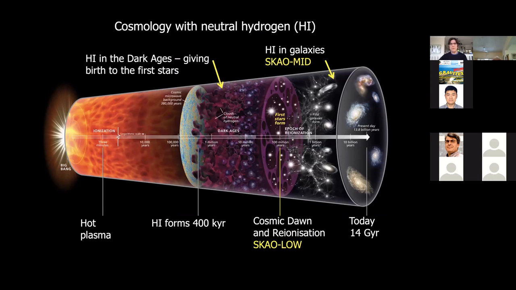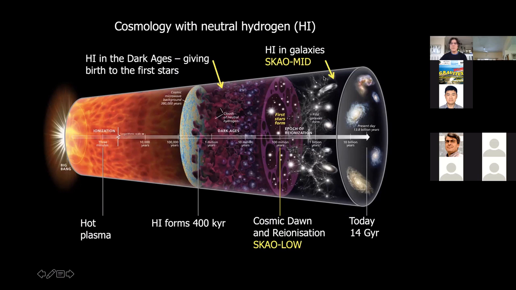The protons were able to combine with the electrons, and there proceeded a period of the dark ages when neutral hydrogen was very slowly giving birth to the first generation of stars. And when those stars formed and lit up the universe, they progressively ionized the neutral hydrogen intergalactic medium until the remaining neutral hydrogen was trapped in galaxies, shielded in galaxies.